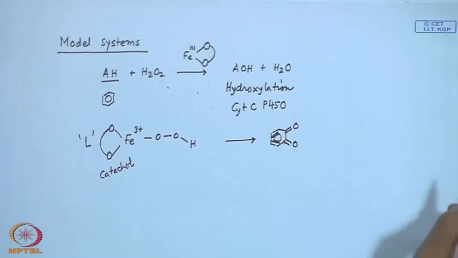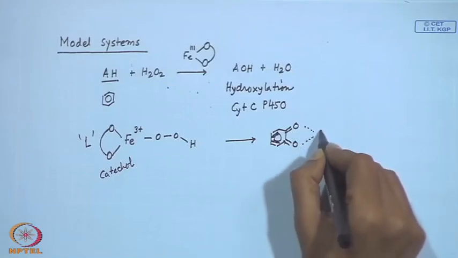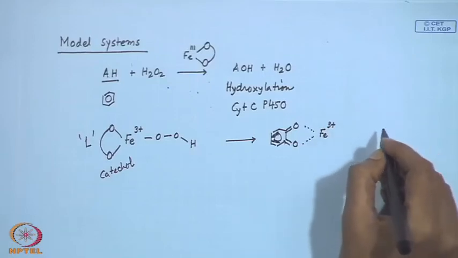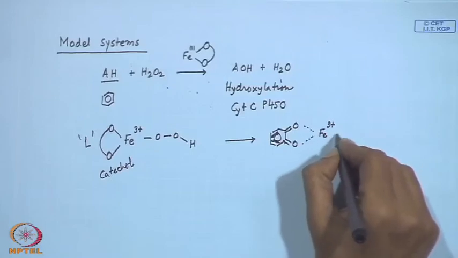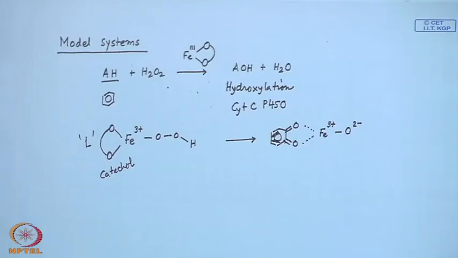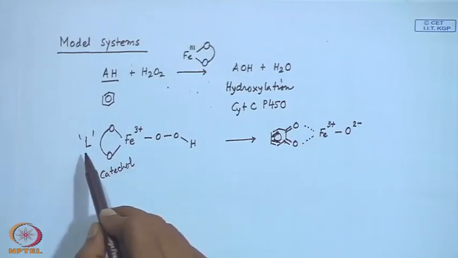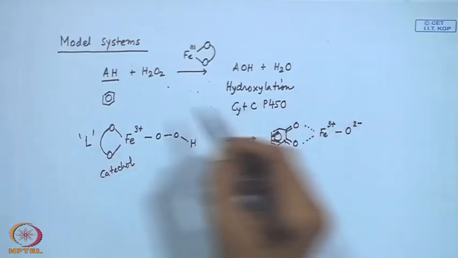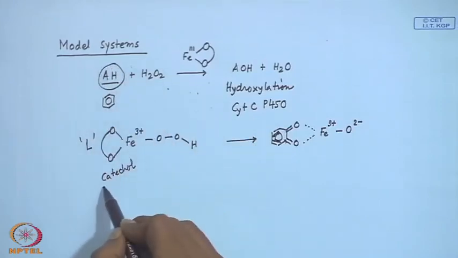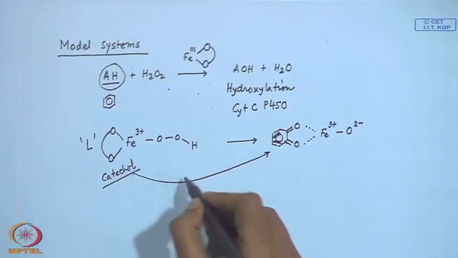Quinone system, and this quinone at the end can be weakly bound to your Fe2+ system and O2 2-. So, this picture tells us many things: if you have the ligand, and your ligand is functioning as your substrate AH, if your ligand catechol itself is a substrate, then your substrate can be oxidized.